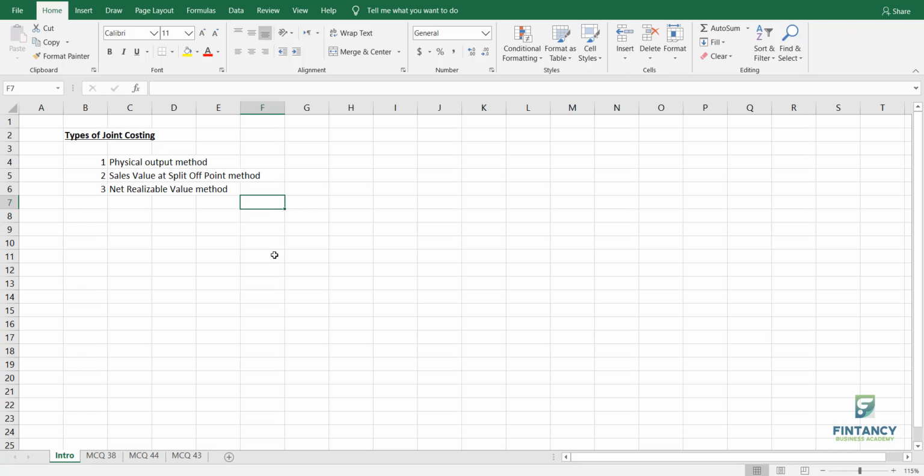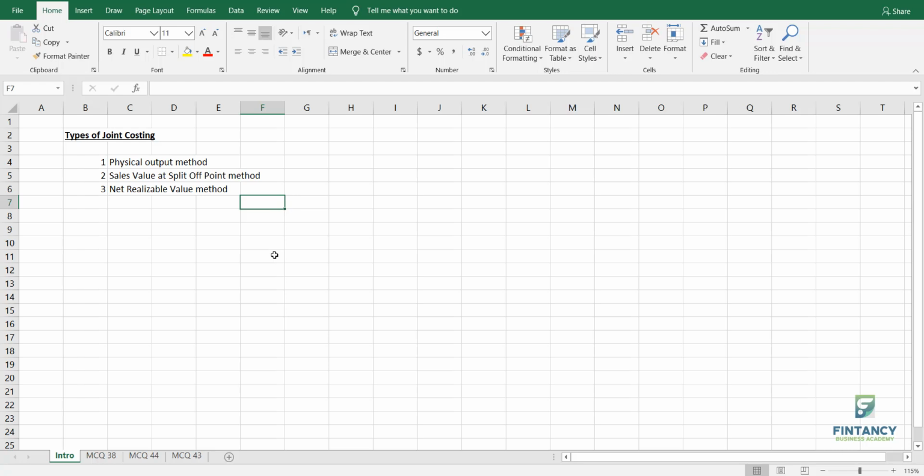Now sometimes the finished goods which come are actually not finished goods. They are partially finished. For example, you processed crude oil and you got petrol and diesel. Now this petrol you can further process into a high level, premium quality petrol and low quality petrol, right?